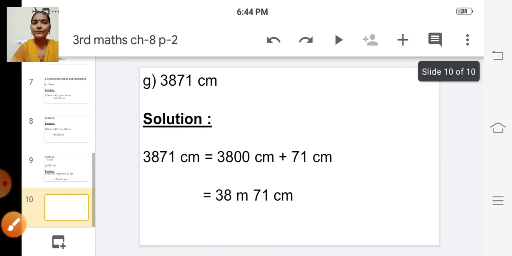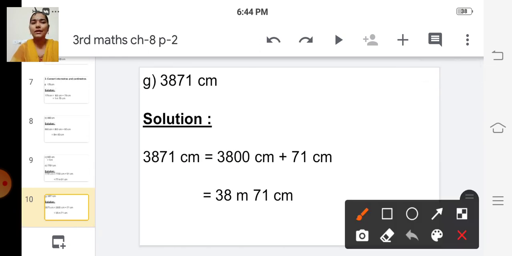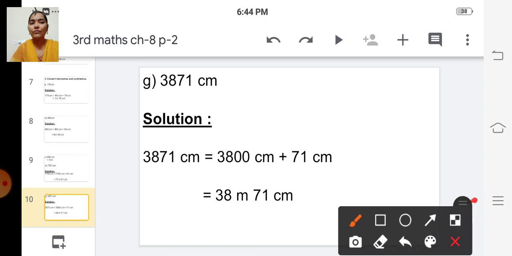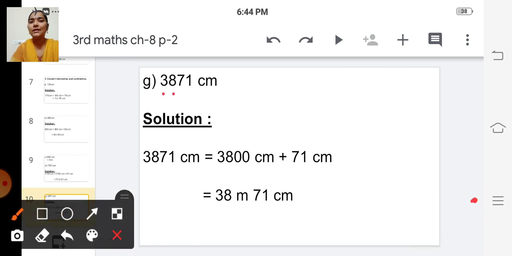Okay. So similarly, the next problem, 3871 centimeter. First thing we have to split it into two parts, right? So how to split? 3871 centimeter can be written as 3800 centimeter plus 71 centimeter.